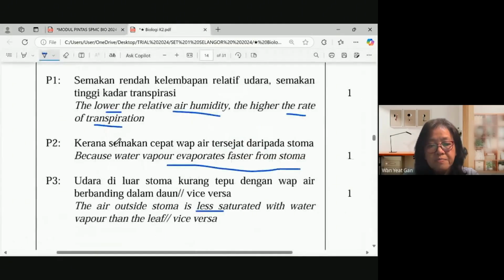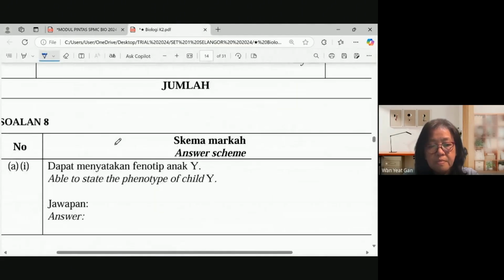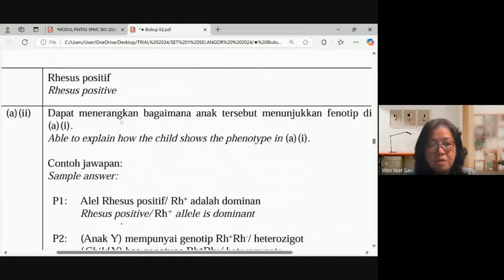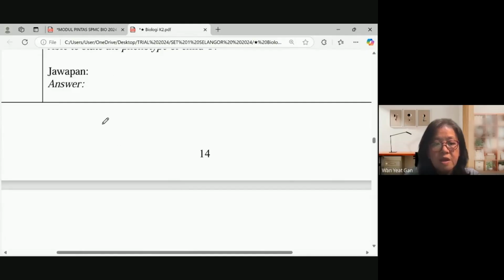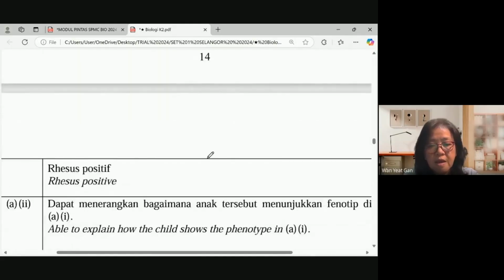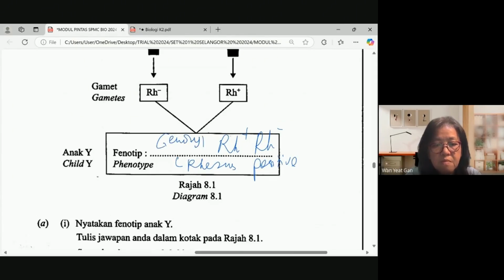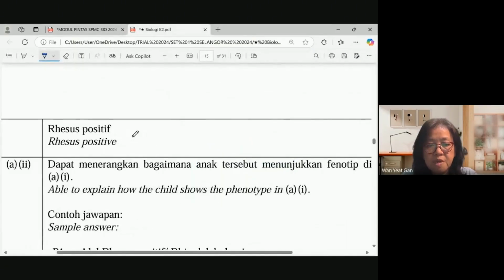Okay, the genotype is RH positive, RH negative, but the phenotype is rhesus positive, right? So this is the genotype. So the phenotype is rhesus positive, okay?